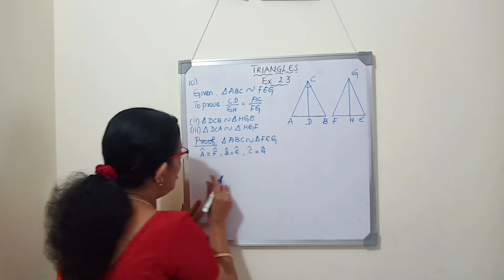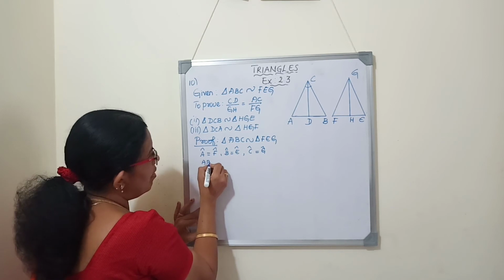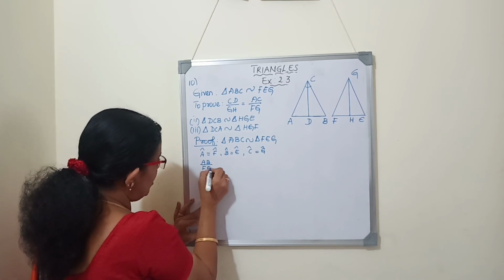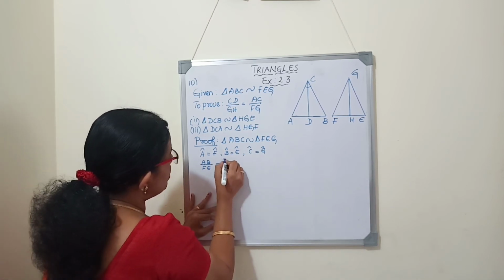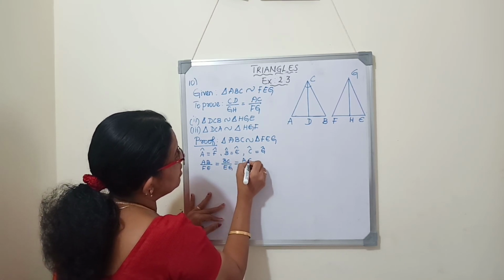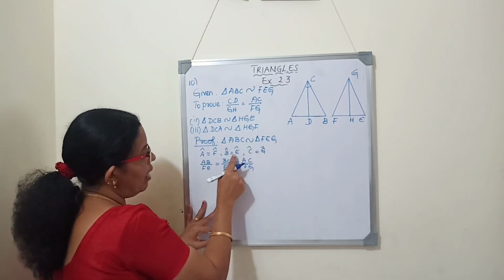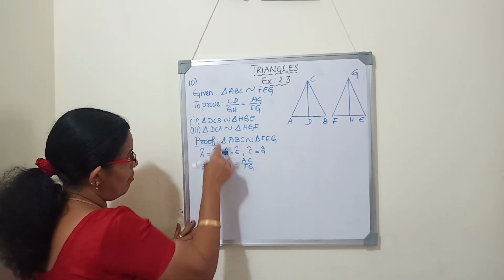Now the sides ratio: AB by FE is equal to BC by EG is equal to AC by FG. So if triangles are similar, angles are equal, sides are proportional.